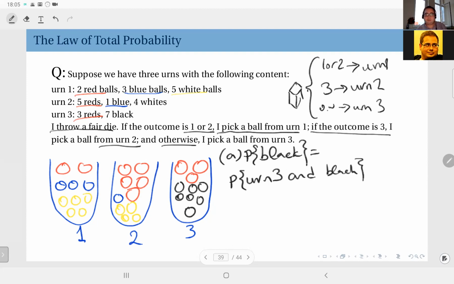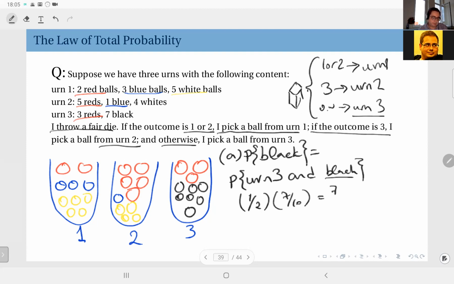And what is the probability of using urn number 3? That is 1/2, because I have the outcomes 4, 5, and 6 to use urn number 3. So that gives me a probability of 3/6, that is 1/2. I'm going to multiply that with the probability of selecting a black ball from urn number 3, so that is 7 divided by 10.